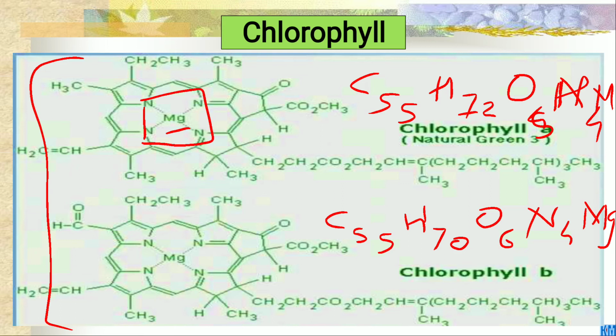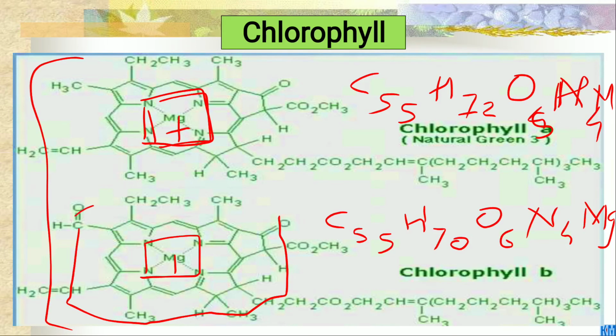Then you see the difference. This is the 4N, 1 Mg. C55, all these are carbon atoms. Okay, this is 55.